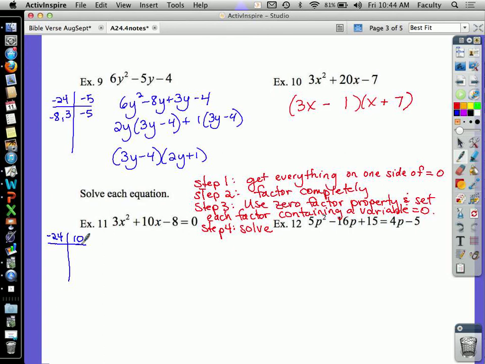To get a negative 24, one number is positive and one is negative. And I need the bigger number to be positive, right? I can think of this right away. 12 times negative 2 is negative 24, and that adds up to 10. So I'm going to get 3x squared plus 12x minus 2x minus 8.